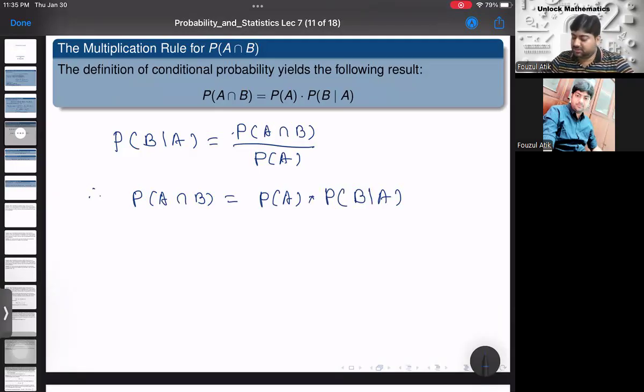Sometimes we will see that this is a very important formula. We call this the multiplication rule, and it comes directly from the definition of conditional probability.